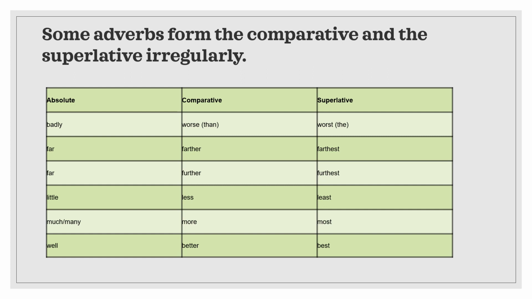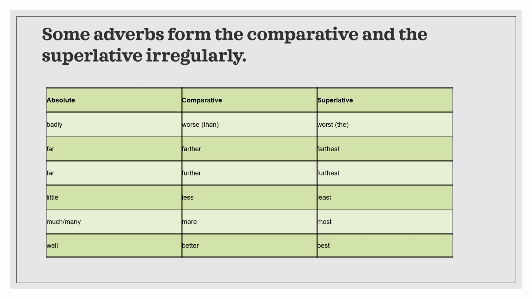This is little like a small amount. So you wouldn't say littler, littlest if you were not comparing size. You'd say less and least. I have the least amount of pencils. I have less markers than she does.